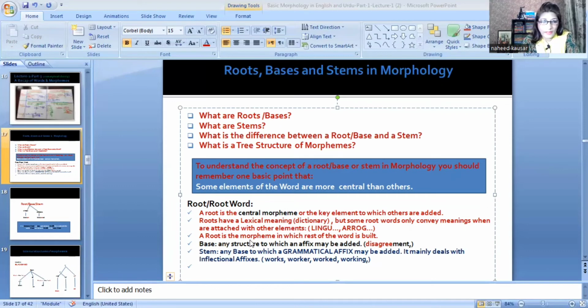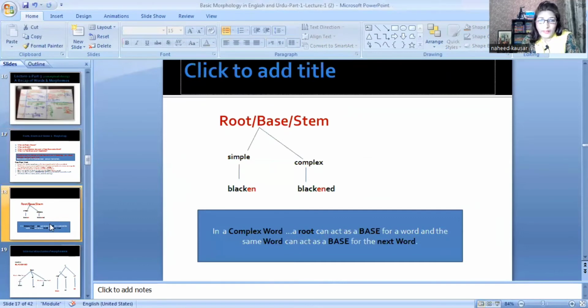So let's see them in the form of a structure for more clarity. In the next slide, here I have put root slash base slash stem. Why? Because any of these three terms can be applicable to the kind of word you are going to analyze. For example, in this instance, what I have chosen is the verb blackened, right? So in this example, I will explain how the word blackened can be taken against all these three terms at the same time.